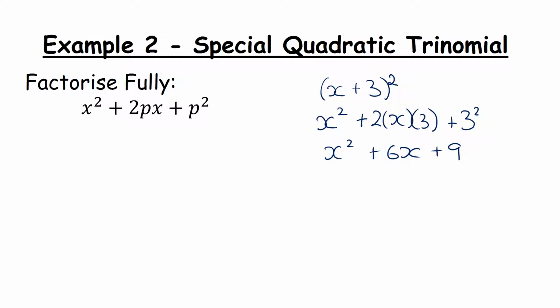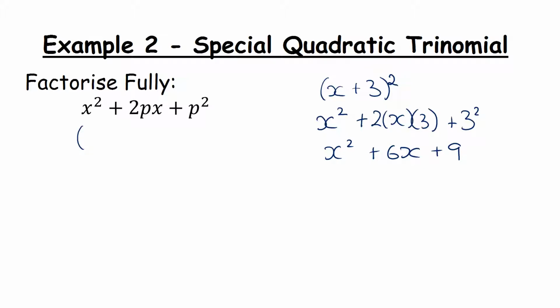So to come back to the example we actually have, we have an x squared, a plus 2px, and a plus p squared. So you might notice that this actually follows from Pascal's triangle. So where my first term is x, my second term is p.